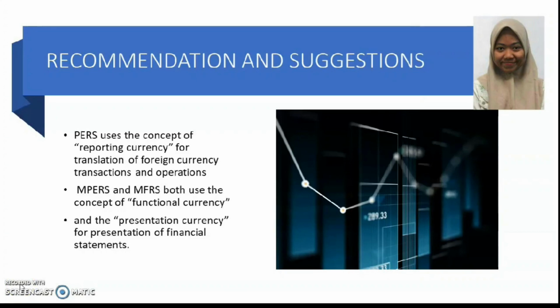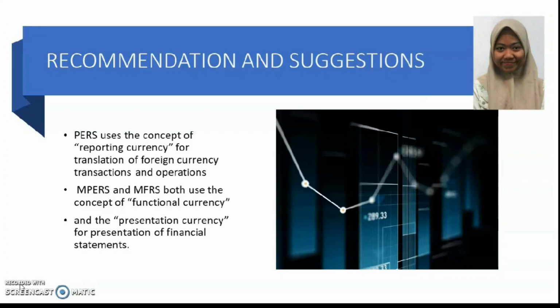Recommendation and suggestion. First, MASB 6 uses the concept of reporting currency for translation of foreign currency transactions and operations. Whereas MFRS and MPERS use the concept of functional currency to measure the result and financial position, and the presentation currency for presentation of financial statements.